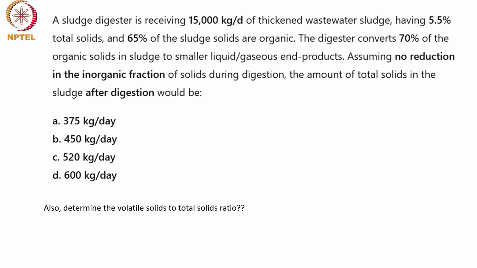See here, in the question it is given that you have this much solids getting generated, and initially 94.5% is water and 5.5% is solids. In the solids you have 35% fixed solids and 65% volatile solids.